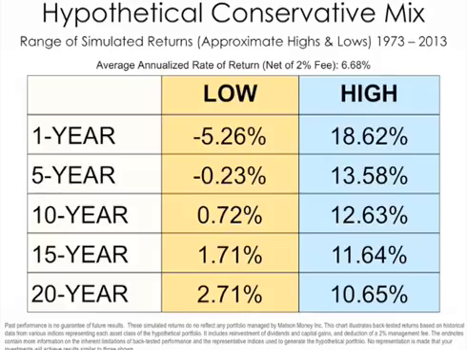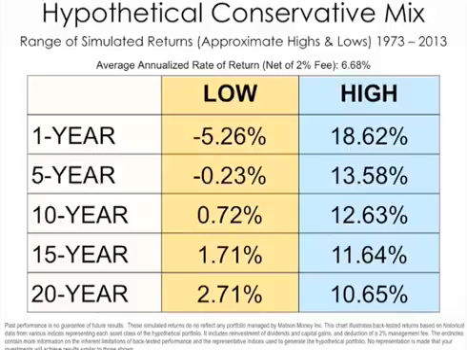Looking at the same thing again, we can see from the hypothetical conservative mix that if we remain disciplined and the portfolio was designed properly for us initially, and we remain disciplined over the 20-year period, then we're looking at, with a 95% confidence level, a low of 2.71 and a high of 10.65.